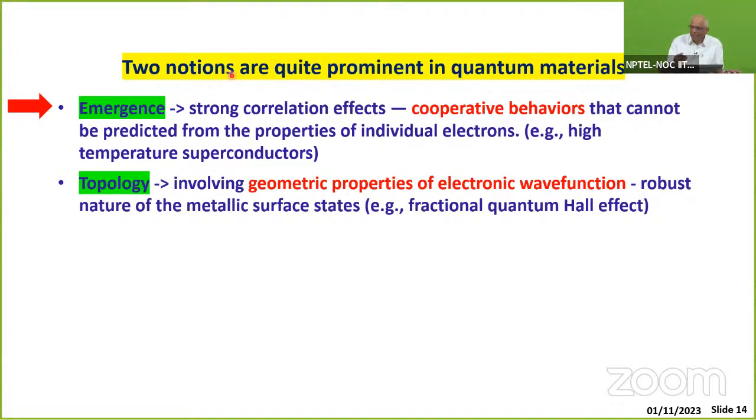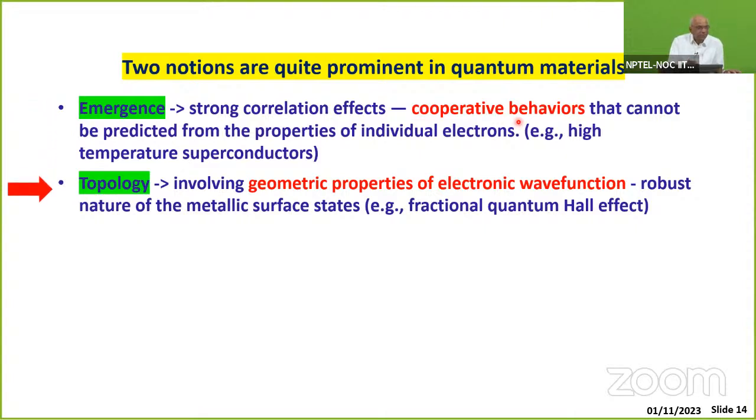Emergence literally means emergence of new phenomenon. And the new phenomenon comes because of strong correlation effects. The cooperative behaviors that cannot be predicted from the properties of individual electrons. For example, the high temperature superconductors, the cuprous oxide based superconductors.